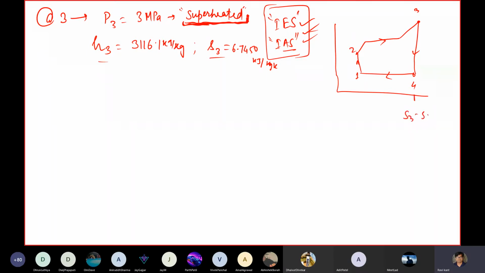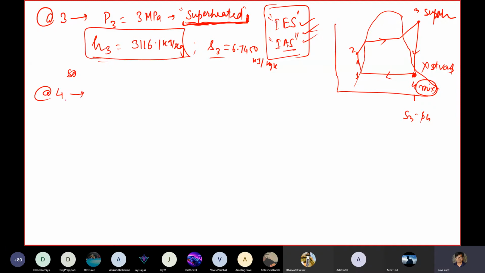So S3 is equal to S4. But the problem with state 4 is that you cannot tell that it is exactly saturated vapor. It could be a mix, so you are in a mixed position. So 3 we have devised.